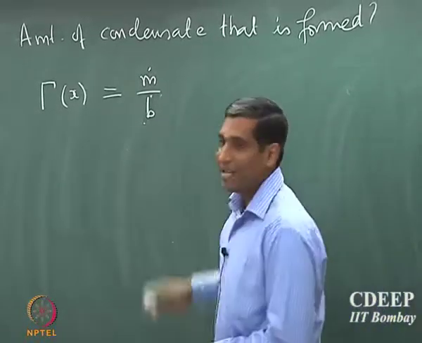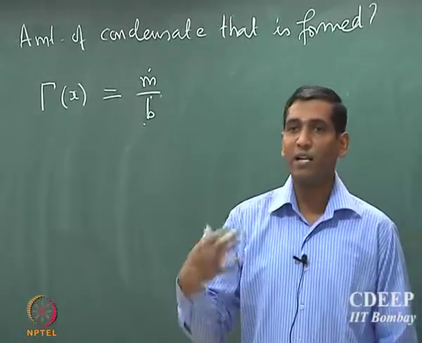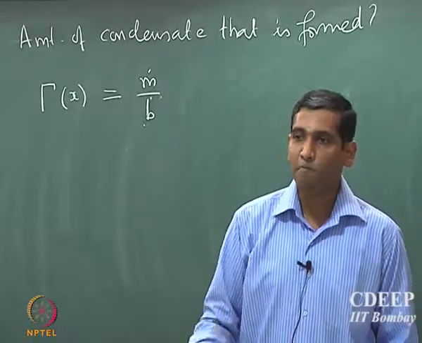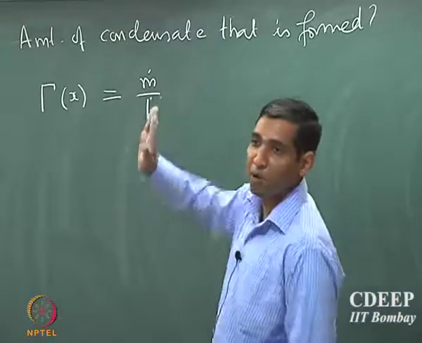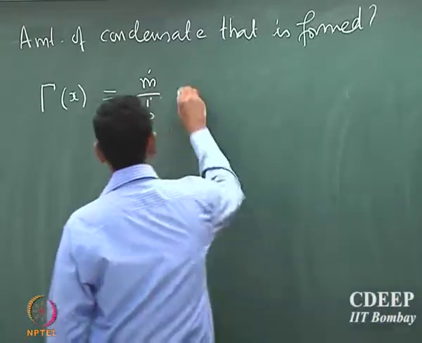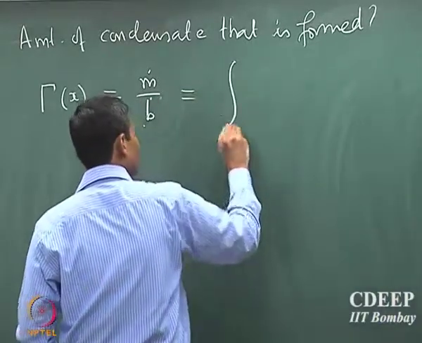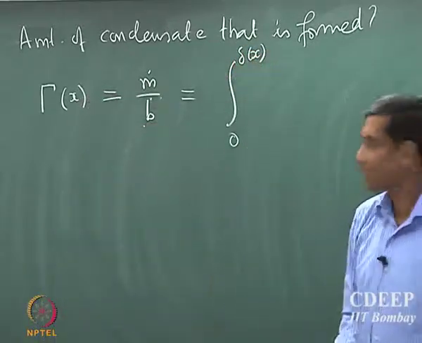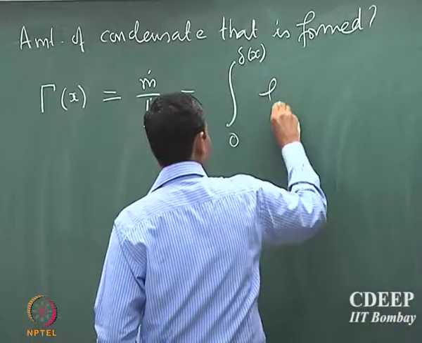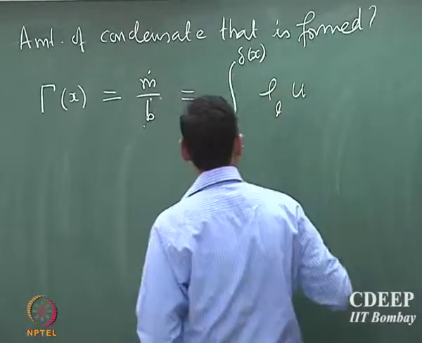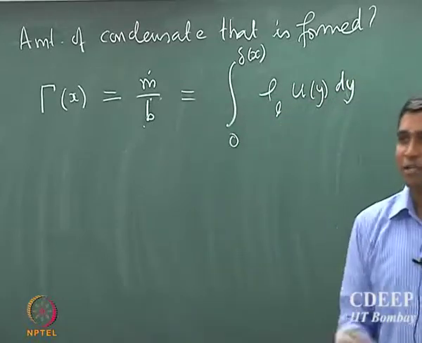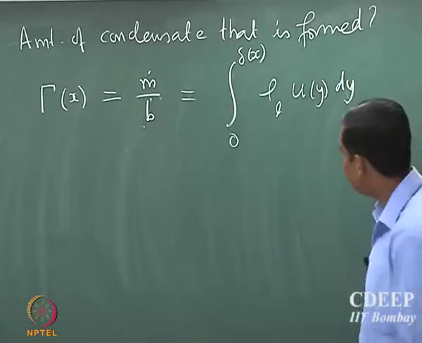So m dot by B is the rate of condensate formation per unit length, and that will be the integral from 0 up to the boundary layer thickness of the density of the liquid multiplied by the local velocity into dy. That is not difficult, we know how to do that.